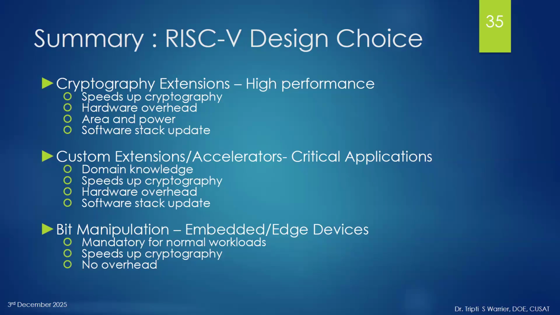So through our studies, we found that if we can speed up cryptography somehow, and when you do that, there is no overhead. But you have to have domain knowledge to ensure that the C program is intelligently written. So with that, I would want to conclude my talk.